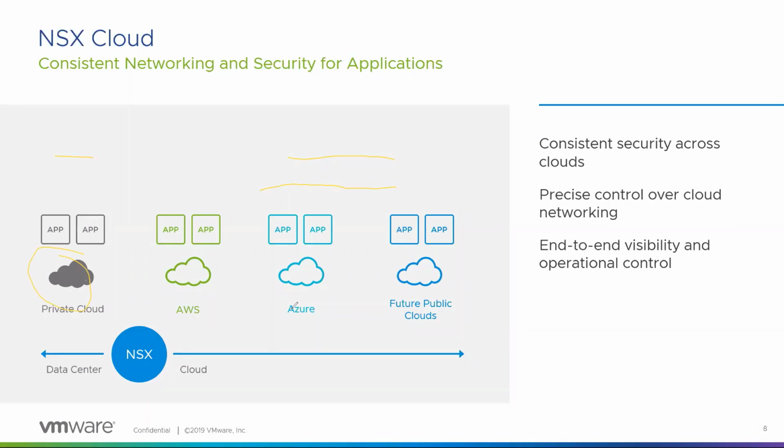So in a single pane, I have the ability, if you will, to define my security policies and have those security policies take full effect across the board in all of these clouds, where of course I have registered these clouds within my platform. In addition to having seamless security across them is also having control over the networking.